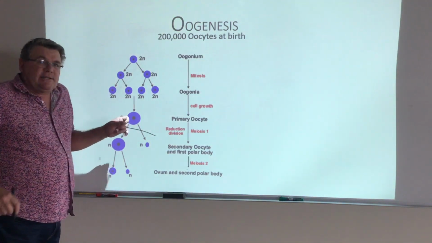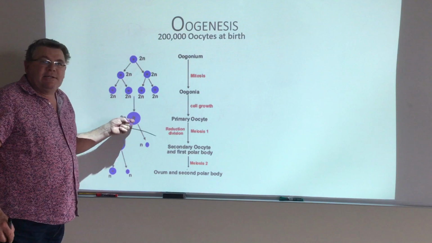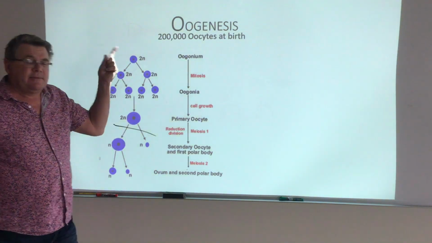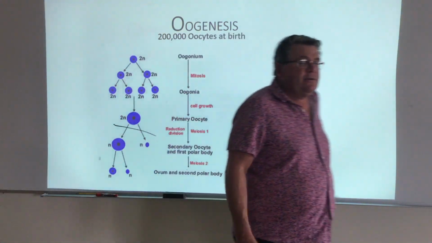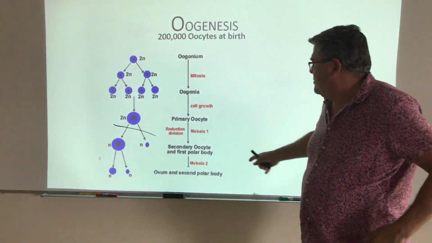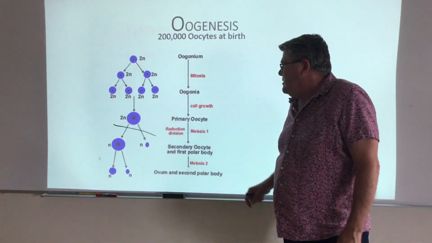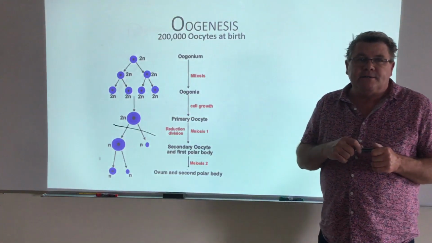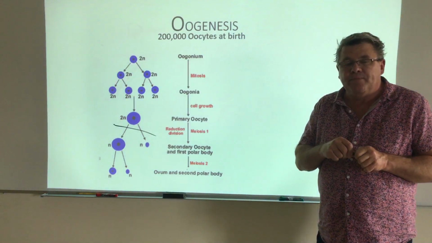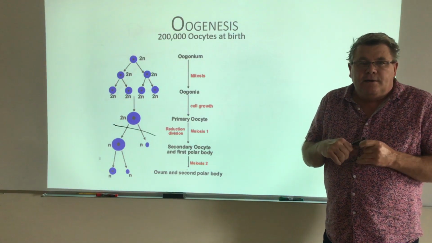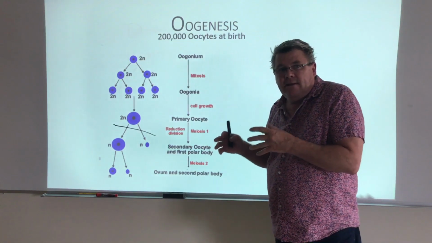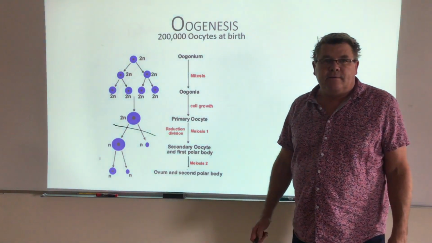The reason is this. During this process of oogenesis, those cells lock up. In other words, that primary oocyte locks up in the middle of meiosis in what is called prophase arrest. So it goes into prophase, and that's as far as it goes.